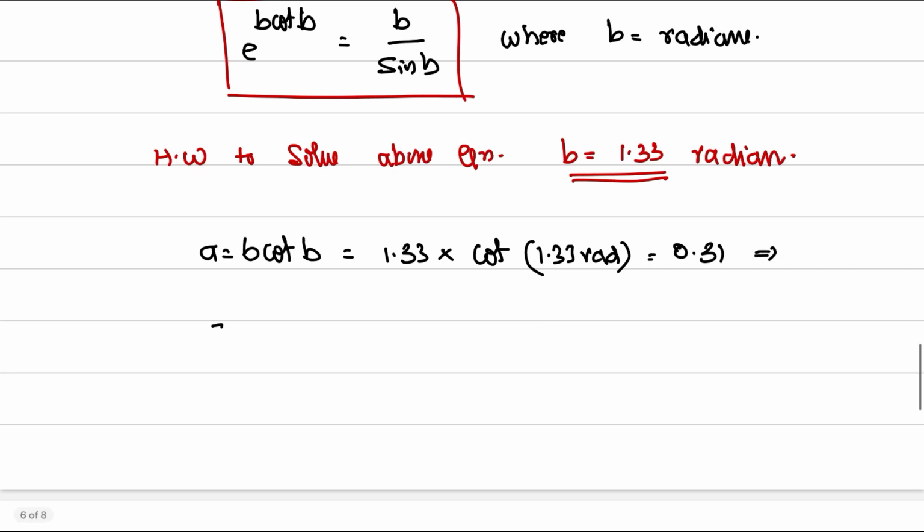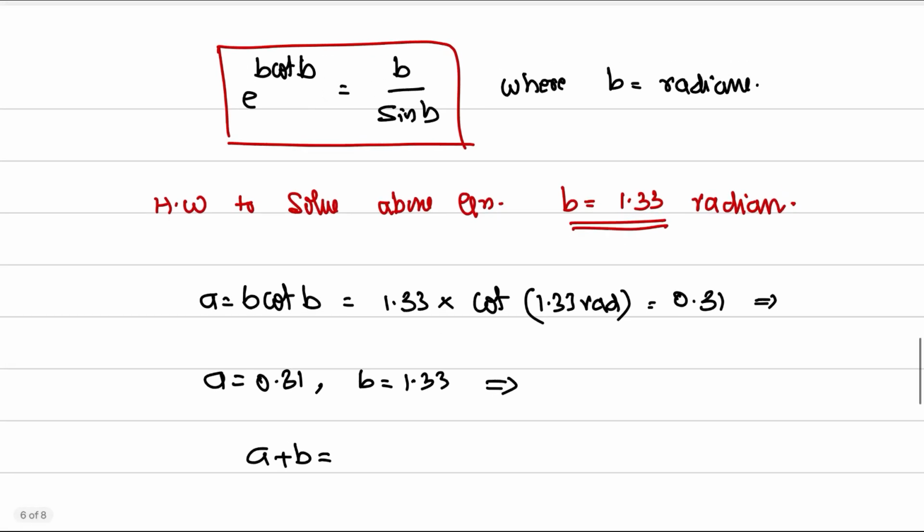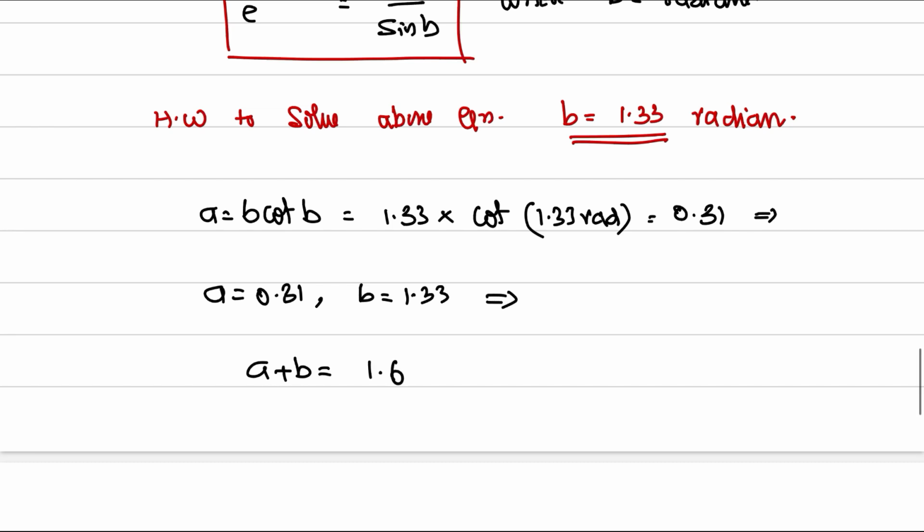That means a is equal to 0.31 radians, b is equal to 1.33, which implies a plus b is equal to approximately 1.64.